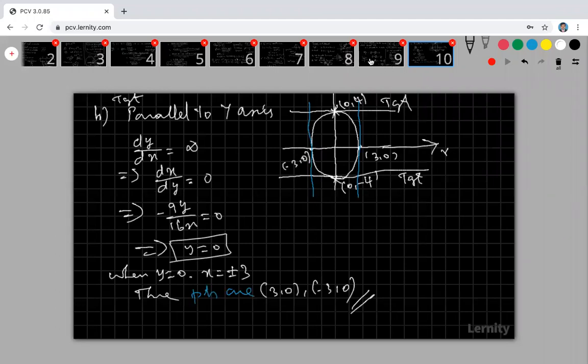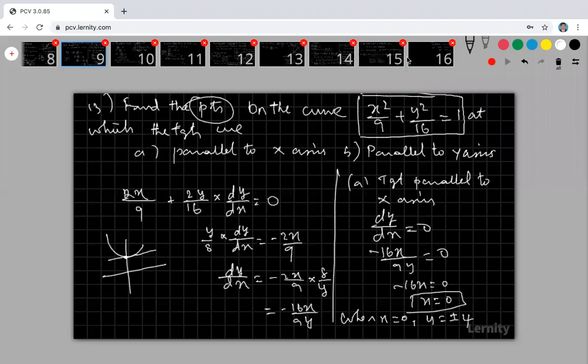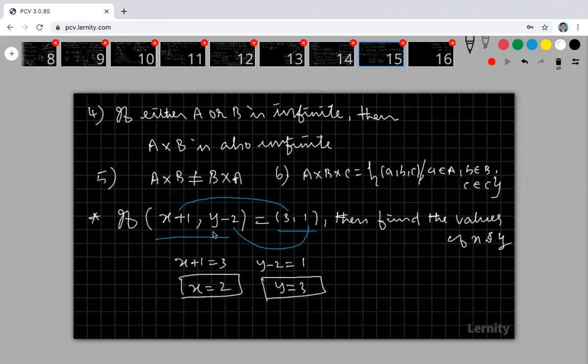Yes, only the numbers change, Murthy. Look at that, Murthy. This is the example. This is your NCERT problem.